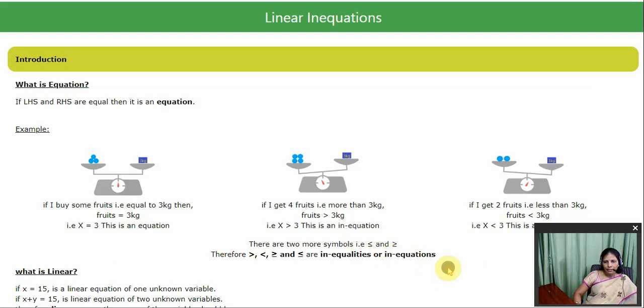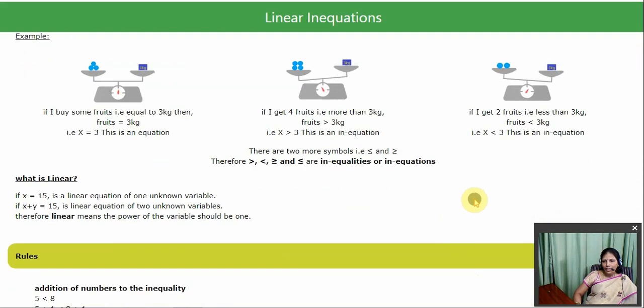And the next is, here if I get 2 kg of fruits, that is less than 3 kg. If I get less than 3 kg, that is x is less than 3, this is again an inequation. So inequation means which is not equal, which is less than, or less than or equal to, or greater than or equal to.